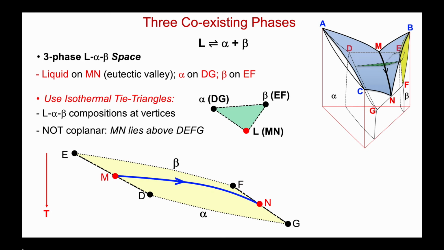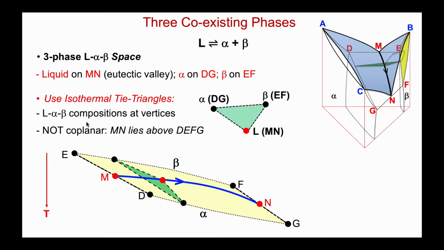Now in this perspective we can see that this liquidus line, the eutectic valley, actually lies above the plane of EDFG. Let's use our tie triangles to show the progression of solidification as I go into the ternary system and cool. So for example, if I was cooling a composition undergoing this reaction, then the compositions of beta and alpha are coming down their respective lines. The liquid is doing the same along Mn.